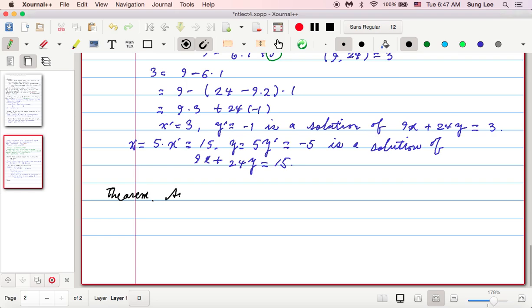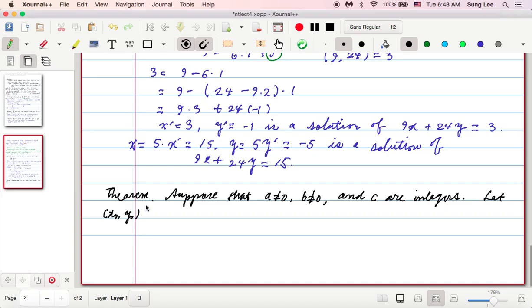Suppose that a and b are non-zero integers and c is an integer, and also let x naught, y naught be a solution of the equation ax plus by equals c.